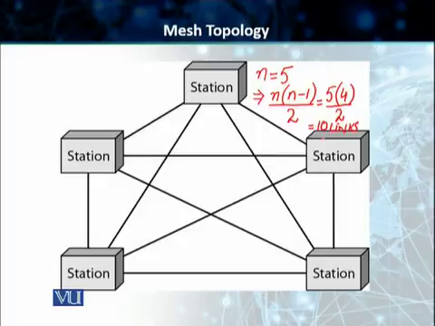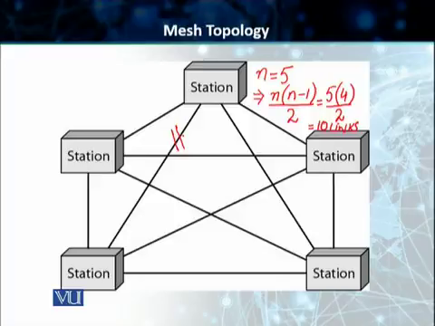For example, if a link out here breaks, there are multiple other paths that are available. The 2 stations that are impacted can still carry on communicating with all the other stations in the mesh. It's just these 2 stations that won't be able to communicate with each other.